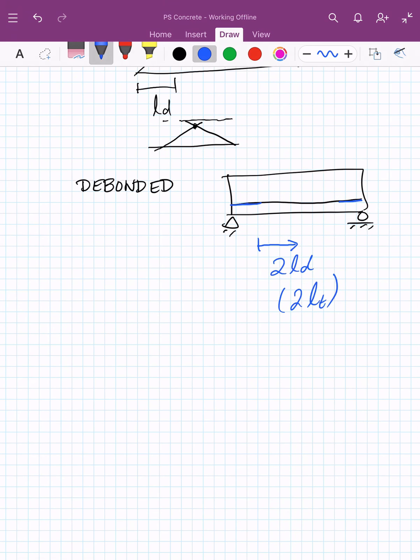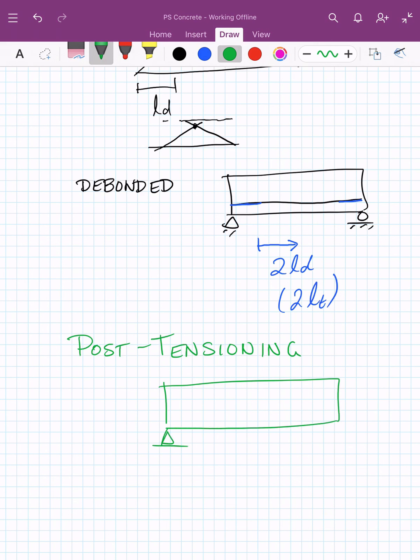All of what I've showed you here is for pretensioning. For post-tensioning, we have a separate case, and I'll be talking about that in class. But essentially, we assume that with post-tensioning, you have everything anchored at the ends.